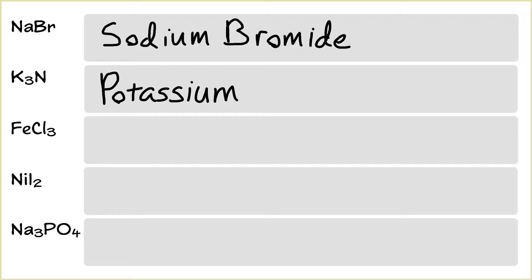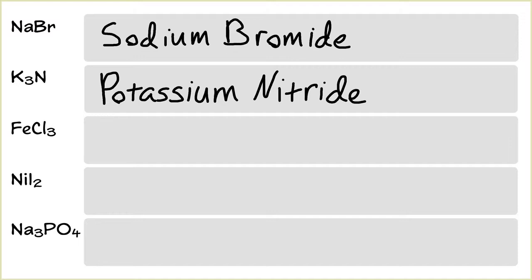And the second element is nitrogen, and it contains only one type of element, so we're going to write down nitride. And you may be wondering, hey, what about the subscript 3? Well, you don't worry about those in ionic compounds. We'll find out later when we take names and turn them into formulas why that is.